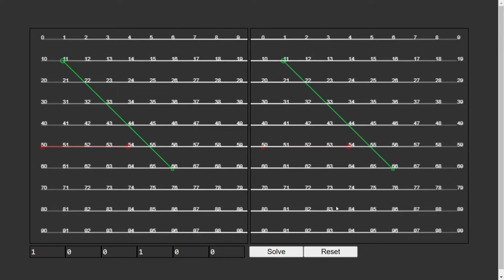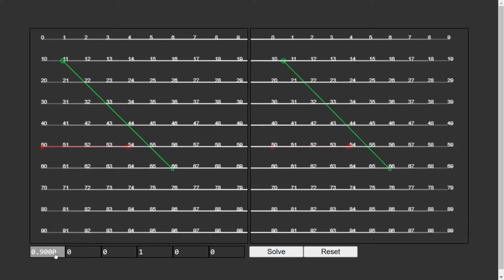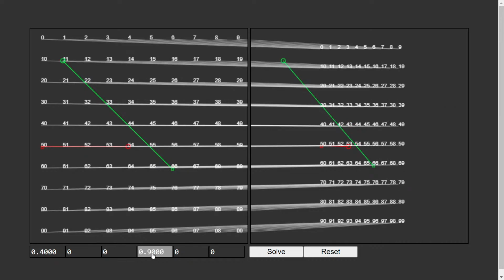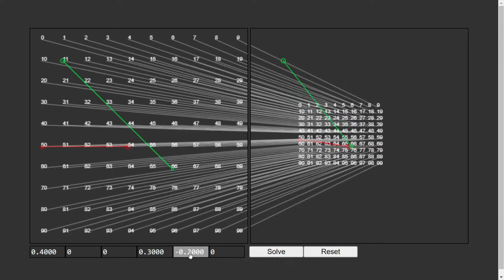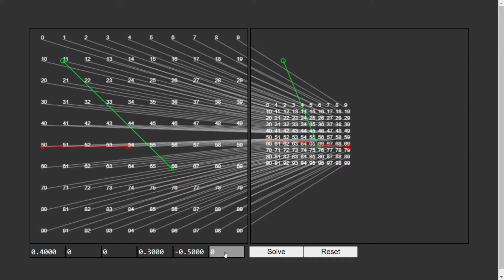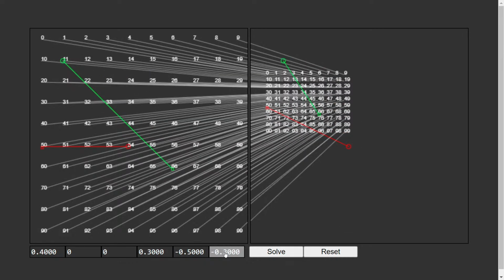Okay, so I'm gonna compress everything so it's here, in between the two target points, and then I'm gonna rotate. Easy. Okay, and then get in between. Okay.